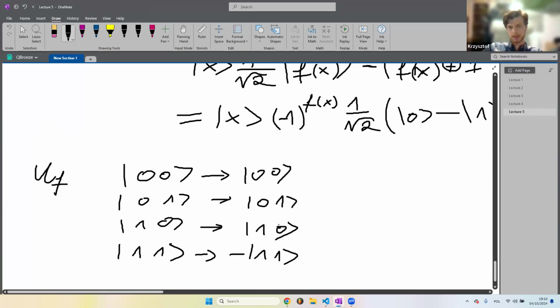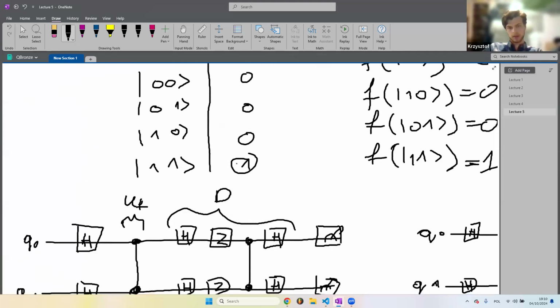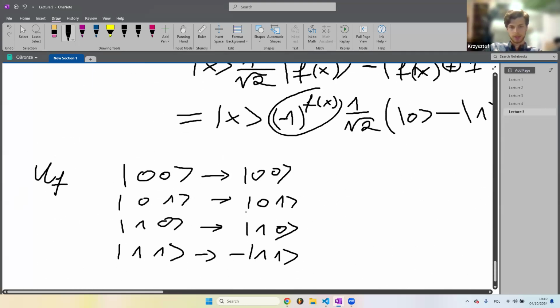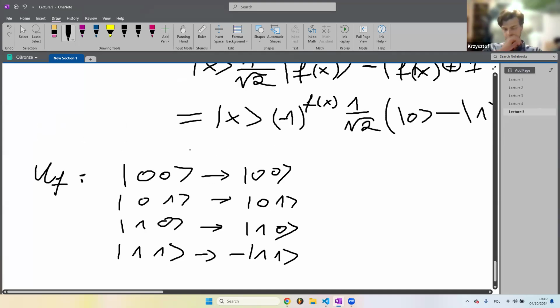Because the f of 1, 1 has the value of 1 in our example, therefore we have to put the minus sign in front of our state after applying this UF gate.